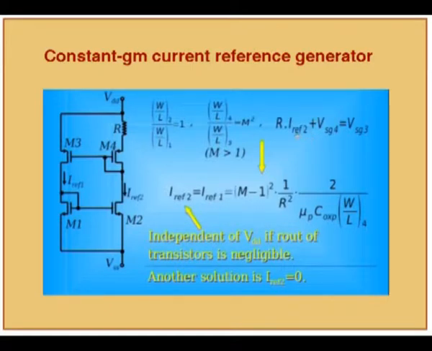I don't enter into the details, you just replace for VSG4 and VSG3 by the relation for I instead of VSG.